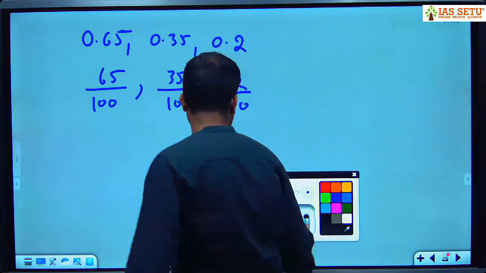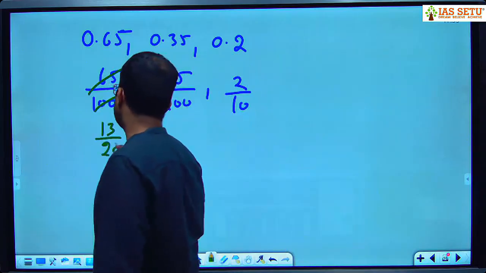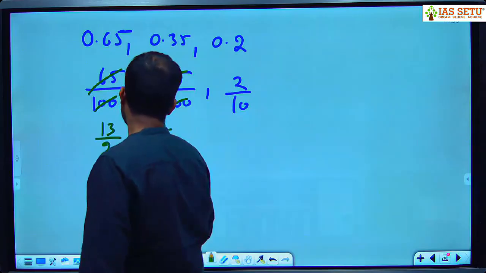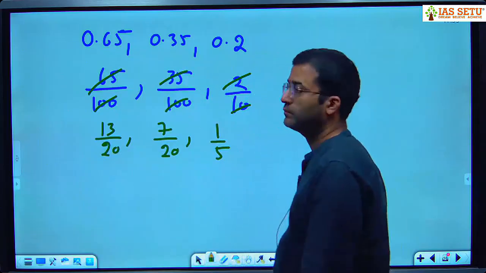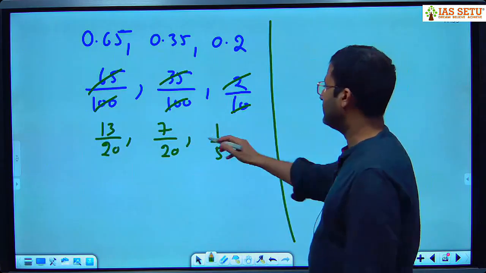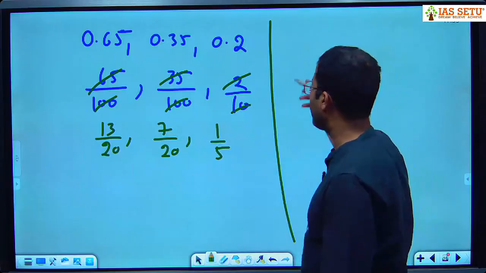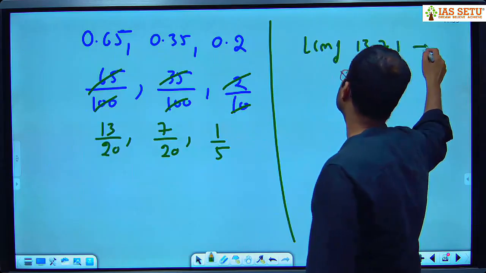Now we will simplify this. Now this is 13/20. This is 7/20. This is 1/5. Okay. Same. What is the LCM of 13, 7, 1? 13, 7 are co-prime. So LCM of 13, 7 and 1 is 91.